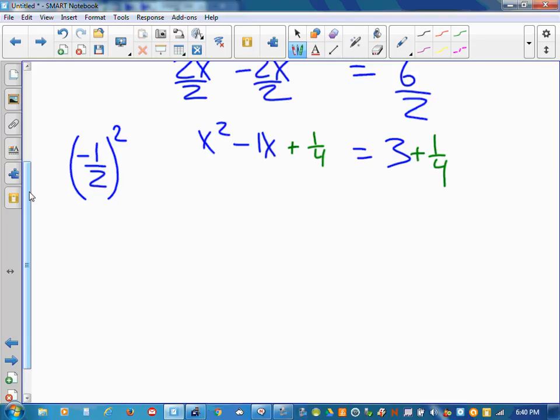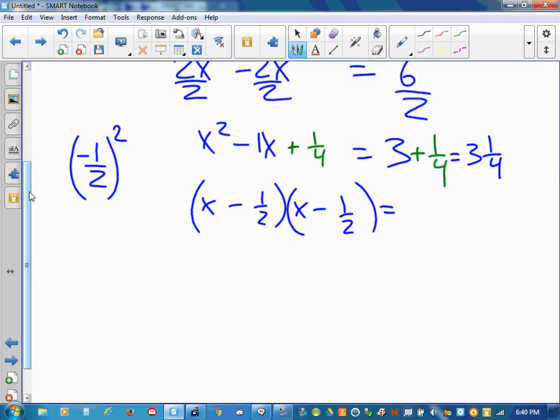So this now factors, because that's the next step. So it's x and x. 1/4 came from 1/2 times 1/2, so that makes sense for it to be 1/2 and 1/2, and then minus and minus. And then over here, we would get 3 and 1/4.